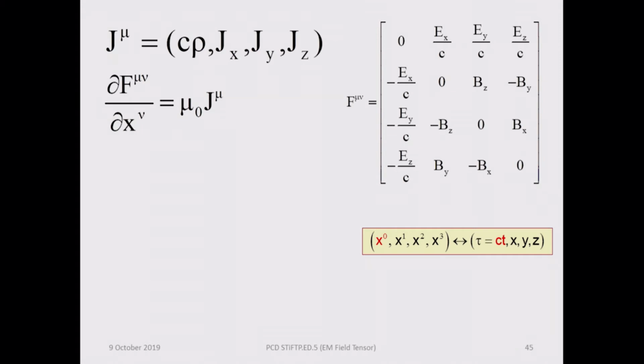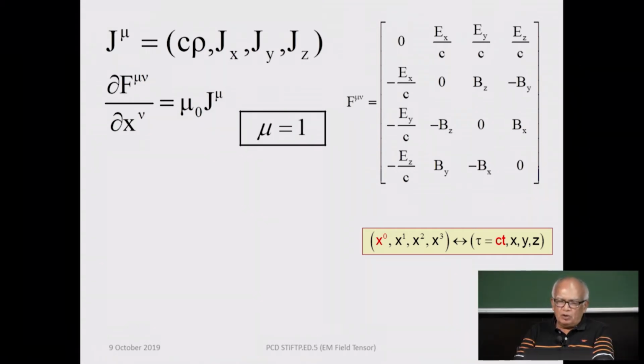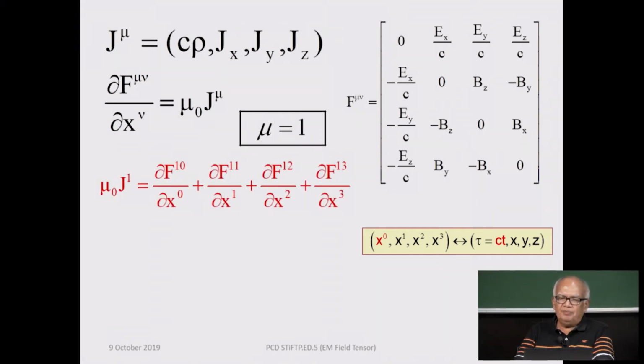Then let us do this for mu equal to 1. You now have 4 terms again, but in each case mu is equal to 1. So, it is the second index which takes different values, and then you take the partial derivatives with respect to x 0, but x 0 is c times t. So, take those partial derivatives.